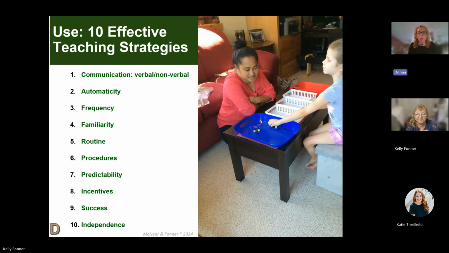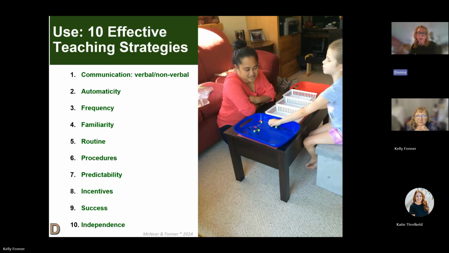Think about creating automaticity, using that frequency so that the use of tactile materials becomes automatic for the student. Think about the role of familiarity in creating routines and procedures. We know those are so important for so many learners.